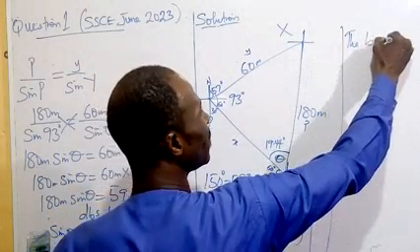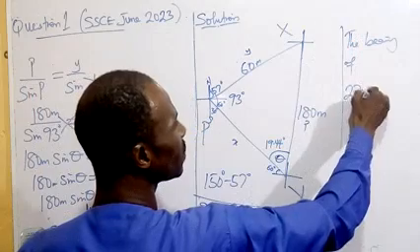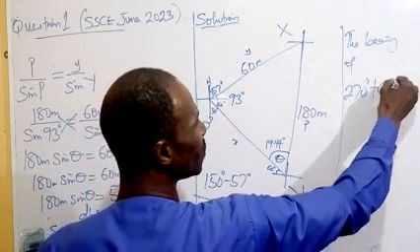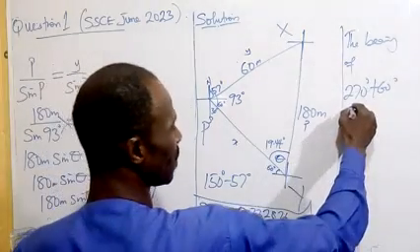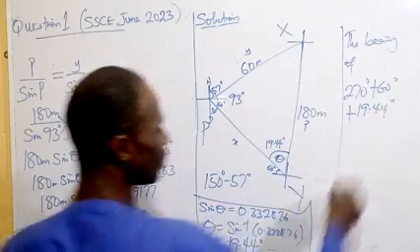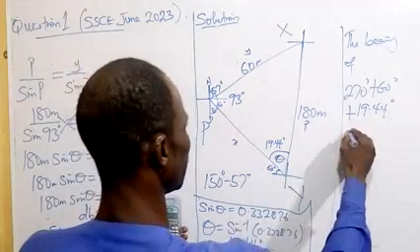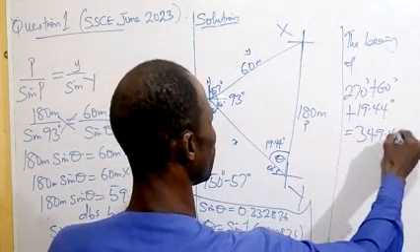All right. So the bearing of x equals 270 degrees plus 60 degrees plus 19.44 degrees. Let's calculate it together. That is 270 plus 60 plus 19.44, so we have 349.44 degrees.